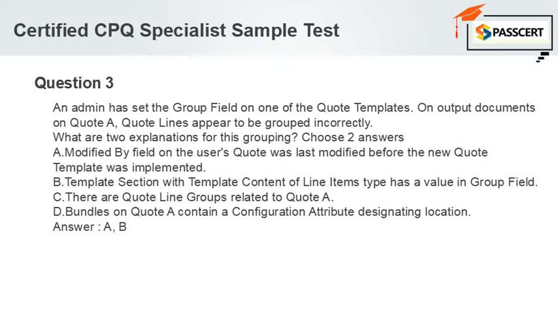B. Template section with template content of line items type has a value in group field. C. There are quote line groups related to quote A. D. Bundles on quote A contain a configuration attribute designating location. Answer. A, B.